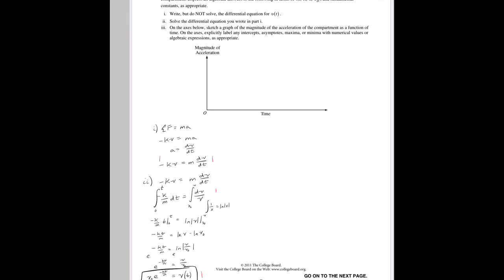All right, now moving on to the final part, part 3. On the axes below, sketch a graph of the magnitude of the acceleration of the compartment as a function of time. On the axes, explicitly label any intercepts, asymptotes, max, min, with numerical values or algebraic expressions. Okay, so we're looking at acceleration here.